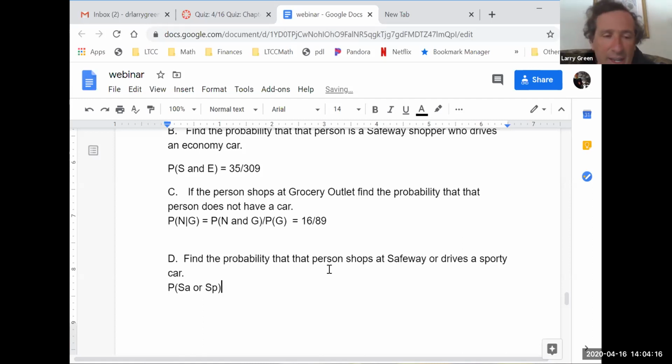Any questions on that? That's the probability of SA plus the probability of SP minus the probability of SA and SP. Whenever you have an or, you can always write that equation.